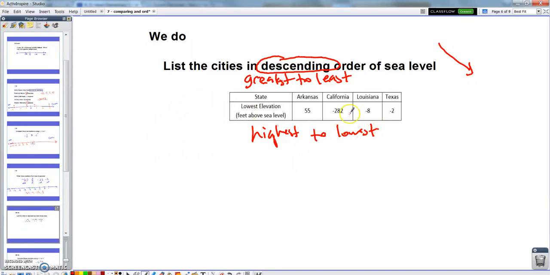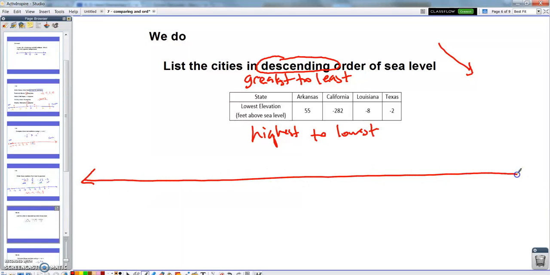So obviously if I'm thinking about altitude, my highest one is going to be the one that's above sea level. If I were to make my number line, 55 feet above sea level is going to be the highest. That's because it's the only one that's above.